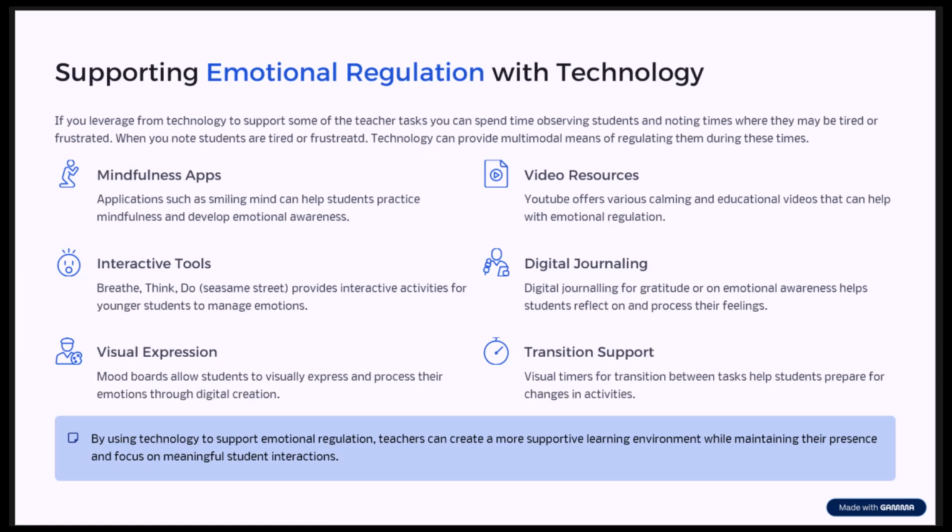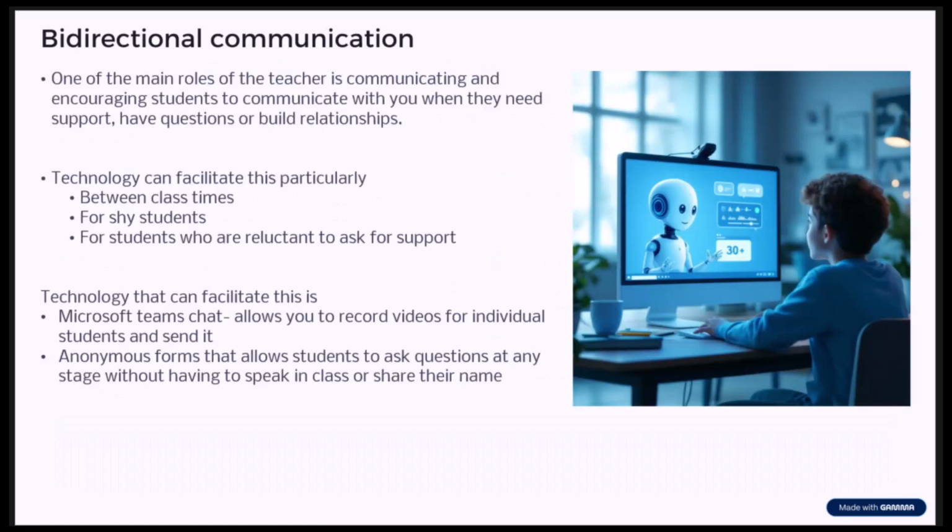Applications such as Smiling Mind, YouTube, Breathe, Think and Do by Sesame Street, digital journaling for gratitude, mood boards and visual timers that identify when students might need to transition between tasks may be able to support students. You can explore these further later if you wish.